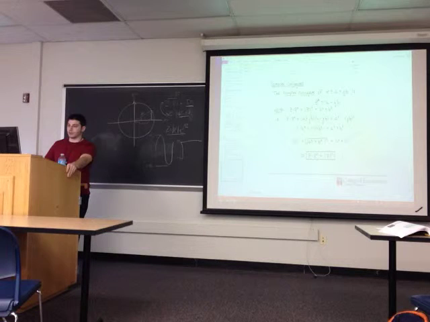What does that star mean? That star represents the conjugate. So what is a conjugate? A conjugate is essentially just the negative imaginary of it.